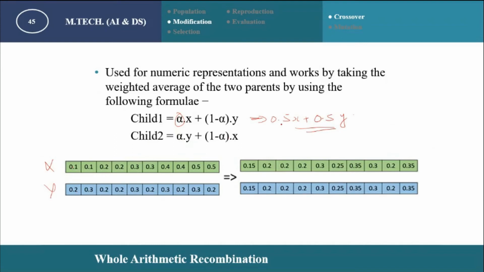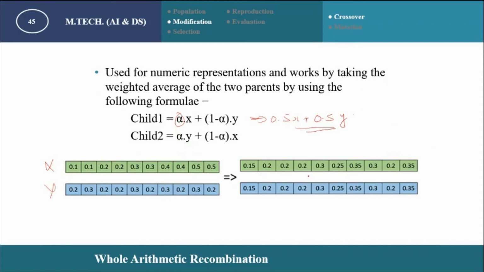If alpha is taken as 0.5, the value will be the average, 0.1 plus 0.2 divided by 2, that is 0.15. So that is the value. In this particular case shown here, alpha is taken as 0.5, so 0.1 and 0.3 give 0.2 each.